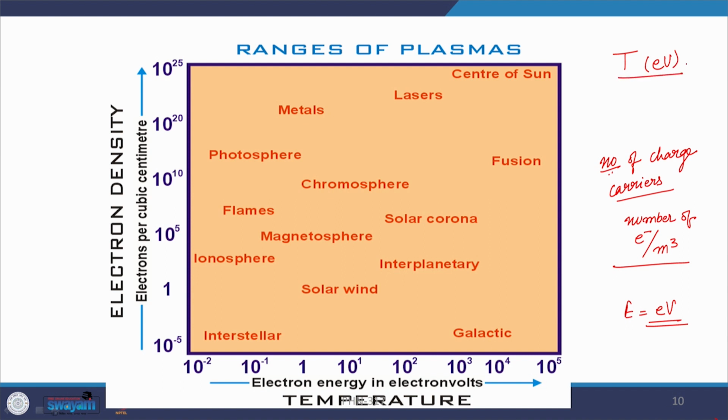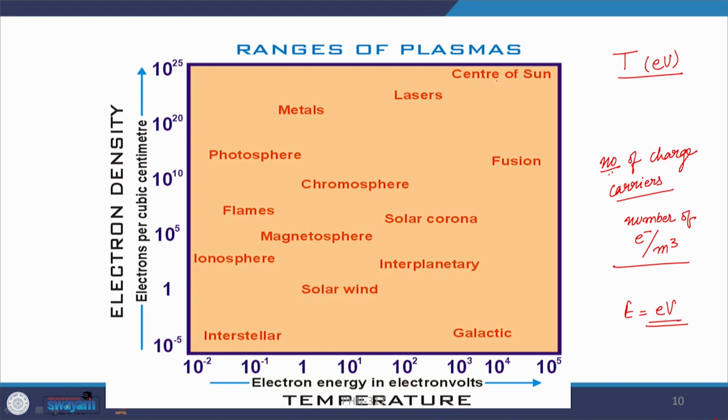We will discuss why temperature is expressed in electron volt, but not, let us say, Kelvin or centigrade. For now, temperature is also a measure of energy, right. How much temperature you give to a particular atom or molecule tells you to what energies it may reach, right.